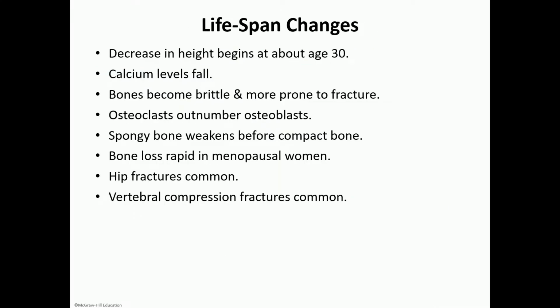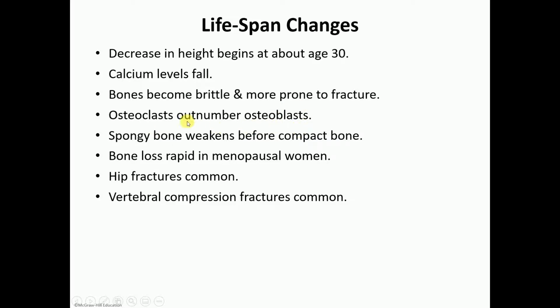What are the lifespan changes that happen to our skeletal system? Well, we tend to shrink, and that really happens at a surprisingly early age. Calcium levels start to fall. Bone starts to become brittle and we are more prone to fractures. As I mentioned, osteoclasts start to outnumber our osteoblasts.